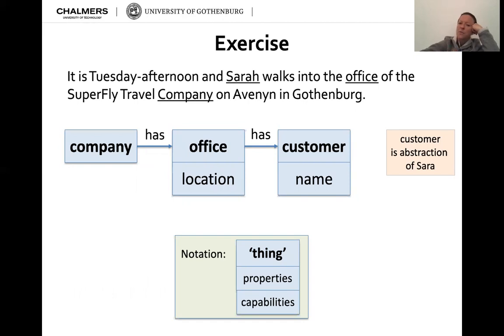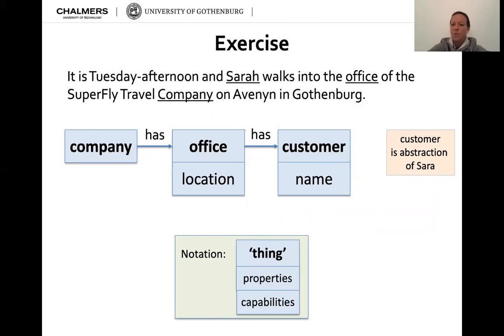It's Tuesday afternoon and Sarah walks into the office of the Superfly travel company on Avenue in Gothenburg. So there is a company, a travel company, but we're abstracting from that in a step. A company that has an office in a specific location, and it has a customer, and that customer has a name. So the customer is the abstraction of Sarah.